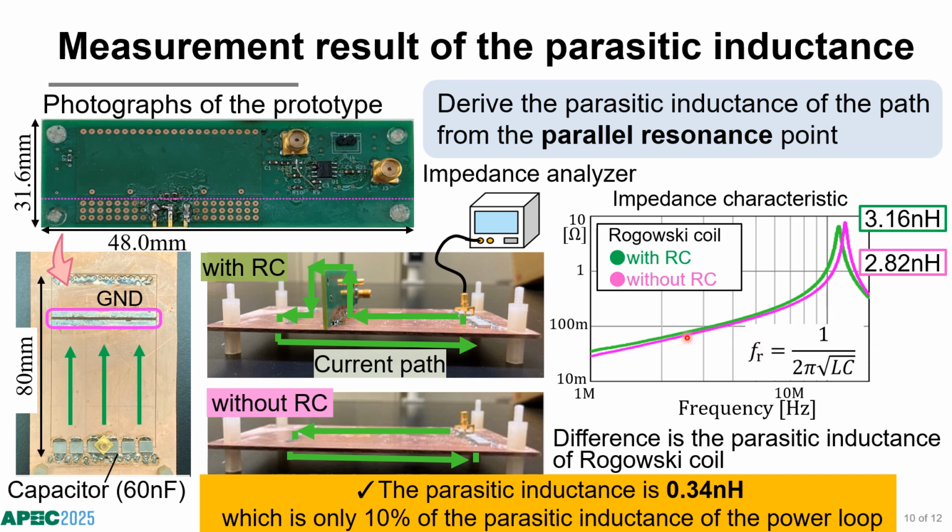And the pink shows the result without the Rogowski coil, 2.82 nanohenry. So the difference of the parasitic inductance is 0.34 nanohenry. It is only 10% of the parasitic inductance of the power loop, and it is considered to have no significant influence on the power loop.